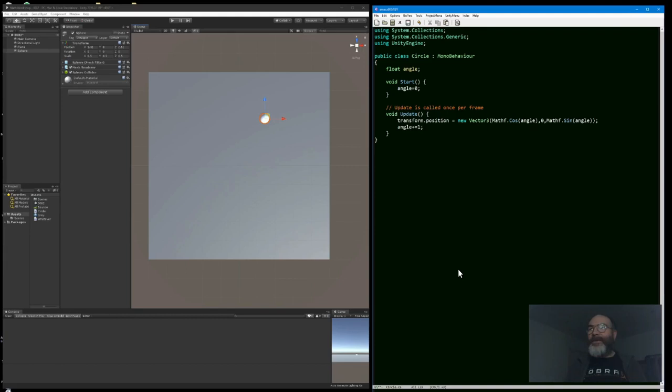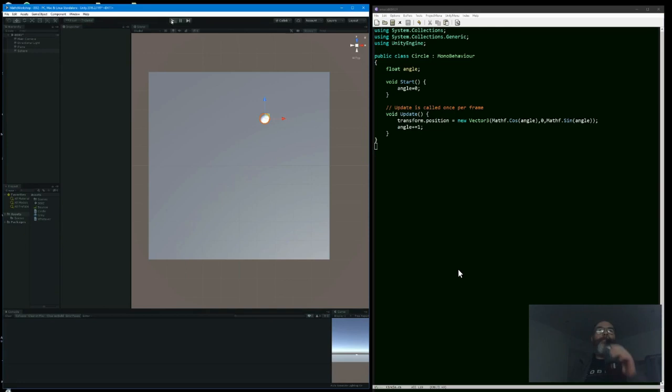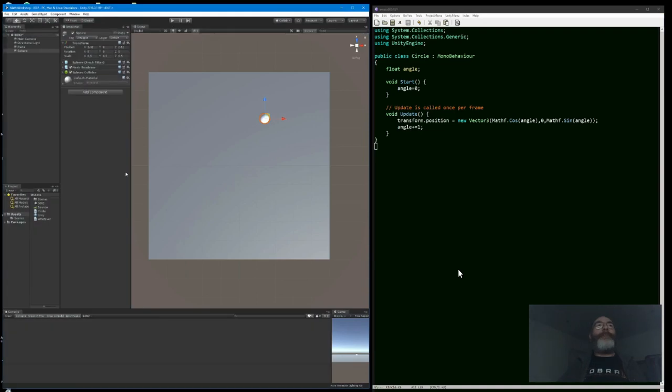I may be deliberately making mistakes here. The first mistake is always remember to attach your damn script to the object. It's important because otherwise, so there we go.